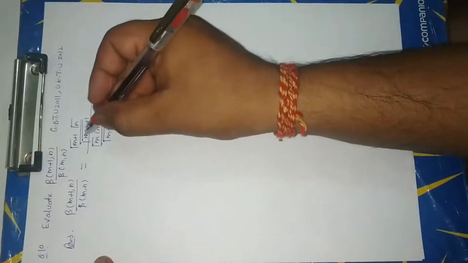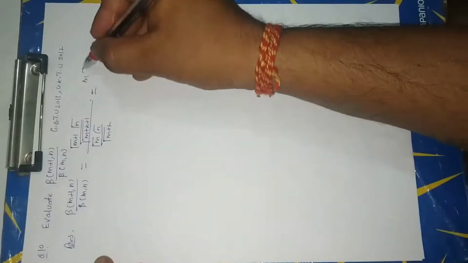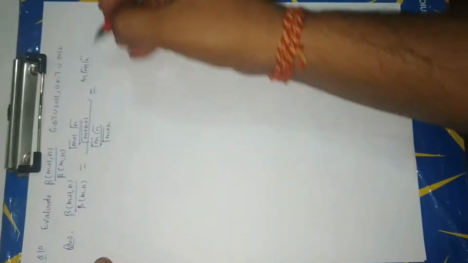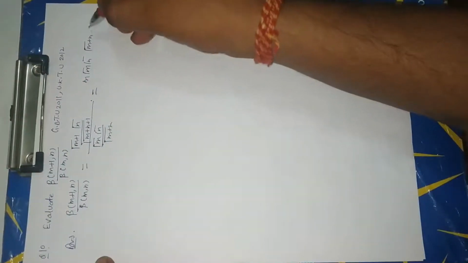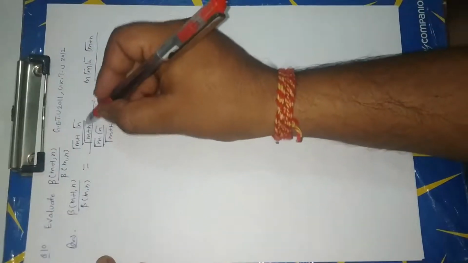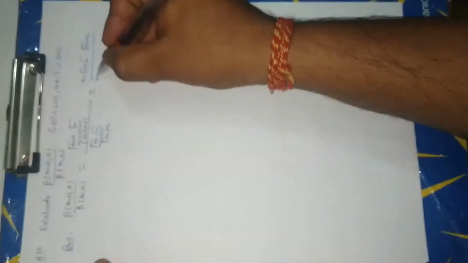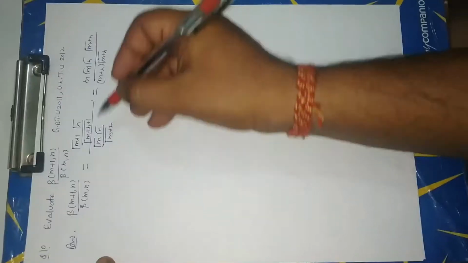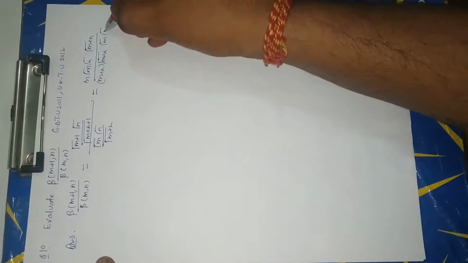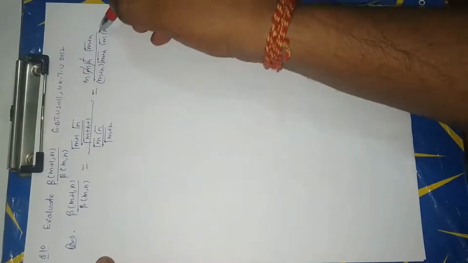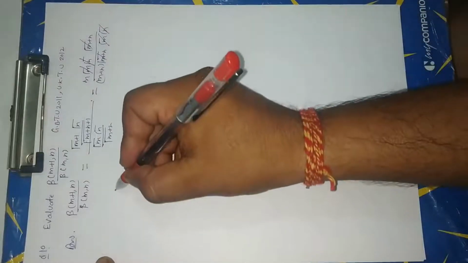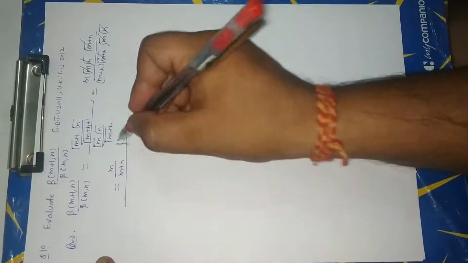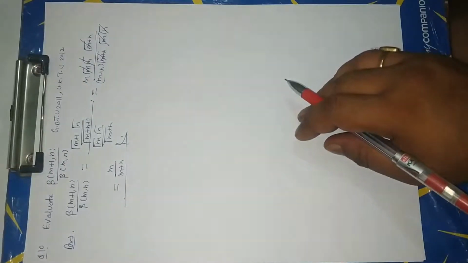The value of gamma(m plus n plus 1) is (m plus n) gamma(m plus n). Now gamma(n) cancels with this, and this is equal to this. Then m upon m plus n is the solution. Now next question.